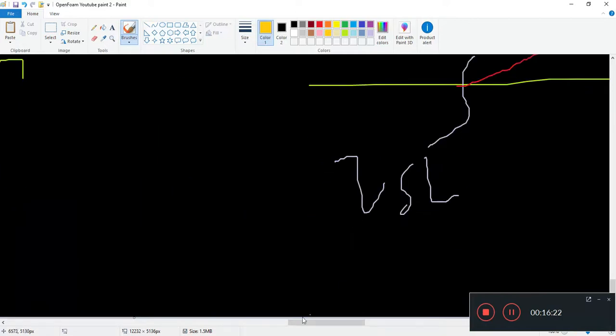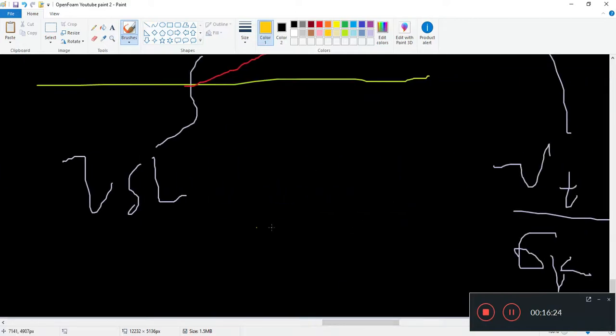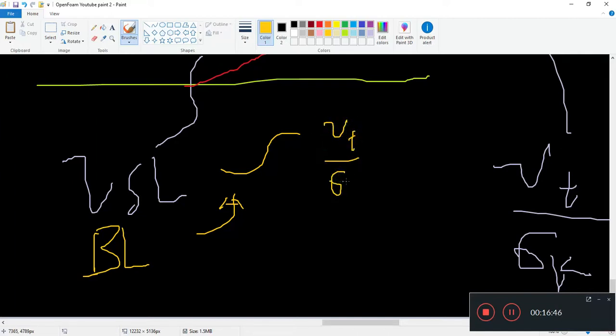Wait, no, this is not the viscous sublayer. It's just called the boundary layer. The boundary layer is actually the viscous sublayer plus the turbulent sublayer plus the intermediate regime. So in the boundary layer nearer to the wall, you cannot say that nu t over sigma k is much greater than nu. In fact, nu may be comparable to nu t over sigma k.